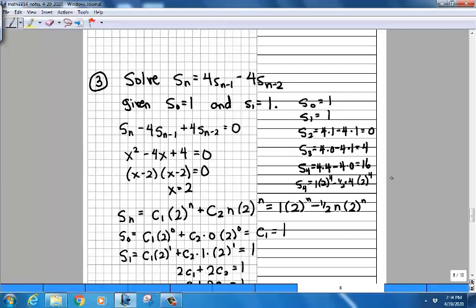Does that match? Doesn't look like it matches to me here. Have I miscomputed the recursion again? 2^4 is 16 minus, and this is going to be 2 times 2^4. So that's 2^5, which is 32, which comes out to be minus 16.